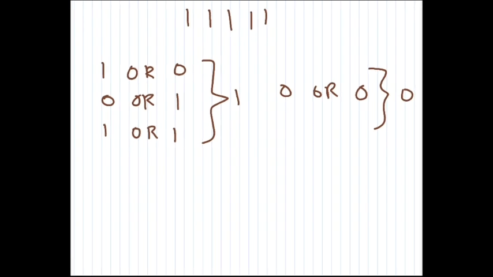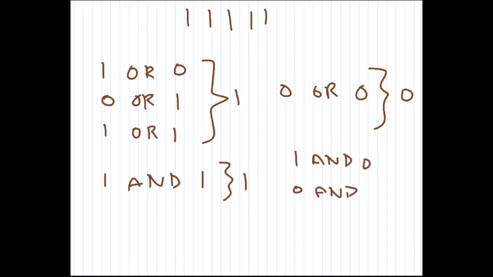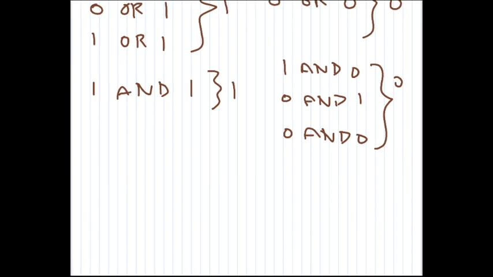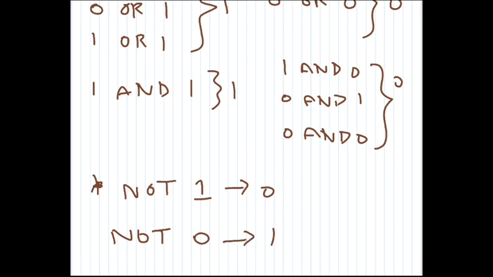Similarly we have an AND operation, so 1 and 1 give us 1, and 1 and 0, 0 and 1, and 0 and 0 give us 0. Similarly, we have a NOT operation, so NOT of 1 gives us 0, and NOT of 0 gives us 1.